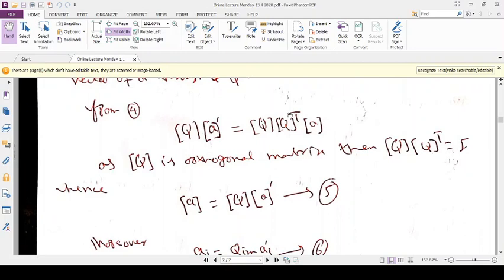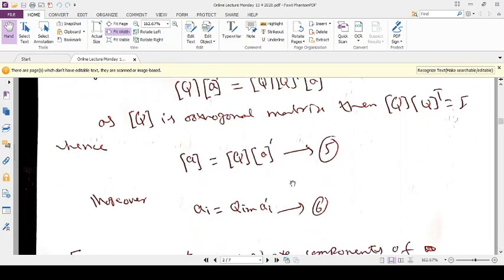Use this here, then you will have identity times matrix A, which again will be A. This is the left hand side of this equation. So we have A equals Q A prime, that is, you can move simply from dash to undash.